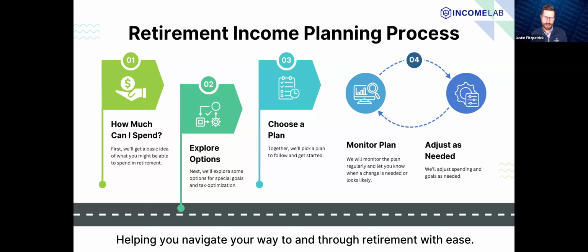This slide, which is also available on the course website, is the process as viewed from the client perspective. Starting out with how much can I spend, then exploring options, or what we call scenario planning or A/B testing, then choosing a plan to follow, and then entering this phase of monitoring and adjusting as time goes by.